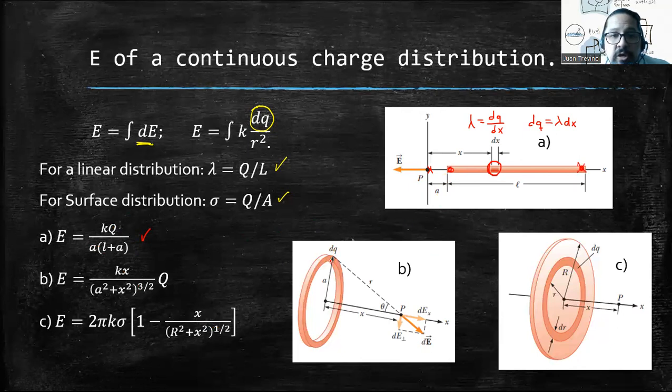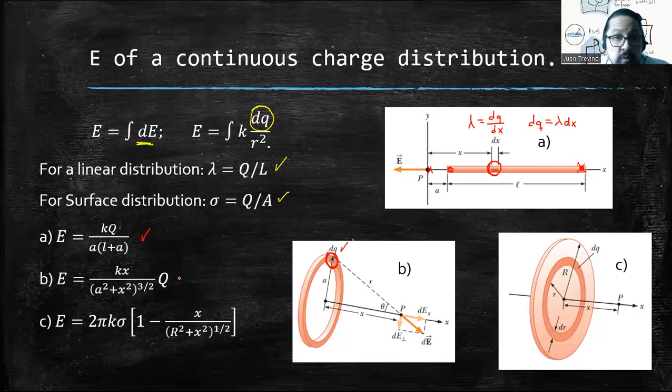Now, if the charge were distributed on a ring like this, the dq, or differential part of the charge, is also taken as a little piece of the ring, and we add all the contributions from the ring by doing an integral just as we did before.